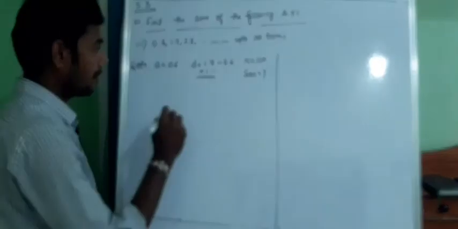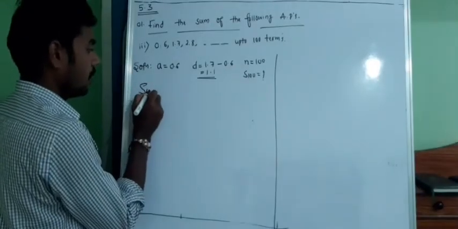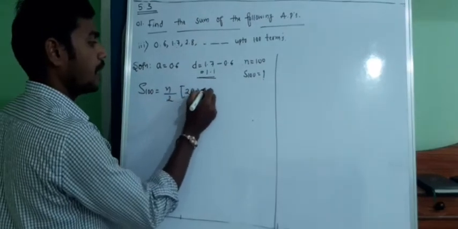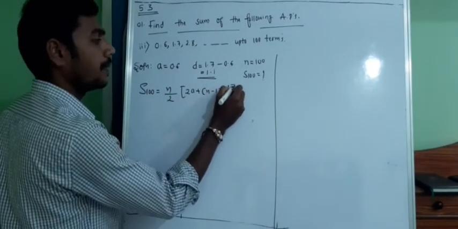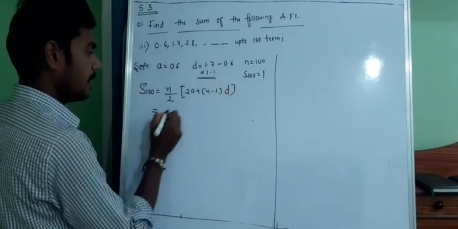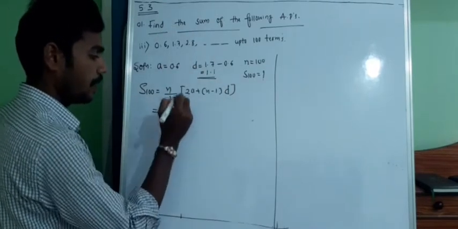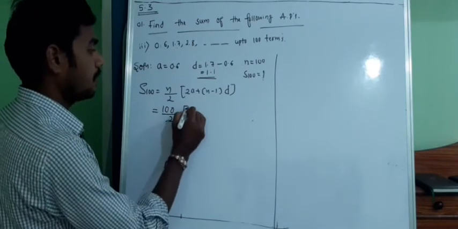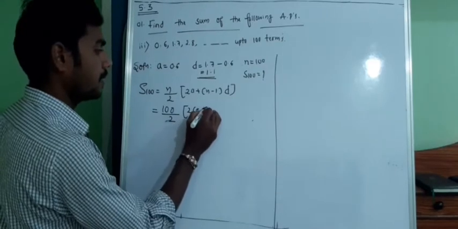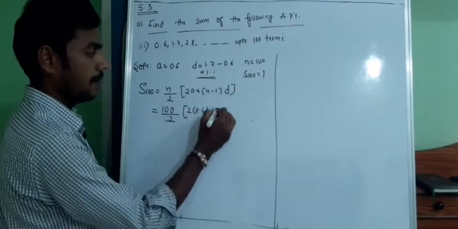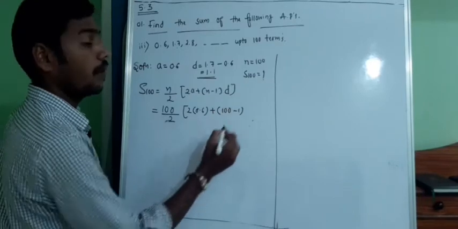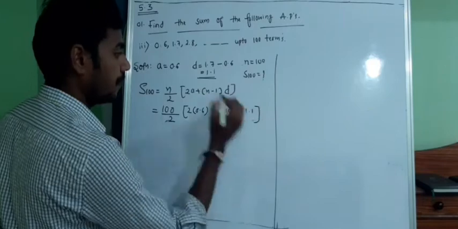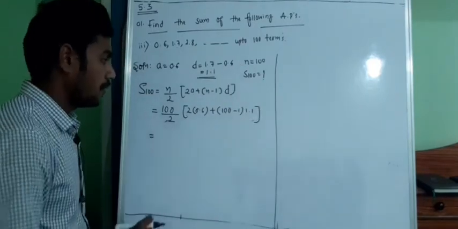Fine. So proceed. S100 is equal to n by 2 into 2a plus n minus 1 into d. What is n here? N is 100. Fine. 100 divided by 2 into, what is 2 into 0.6, plus n is 100 minus 1. What is d? D is 1.1. Now proceed.